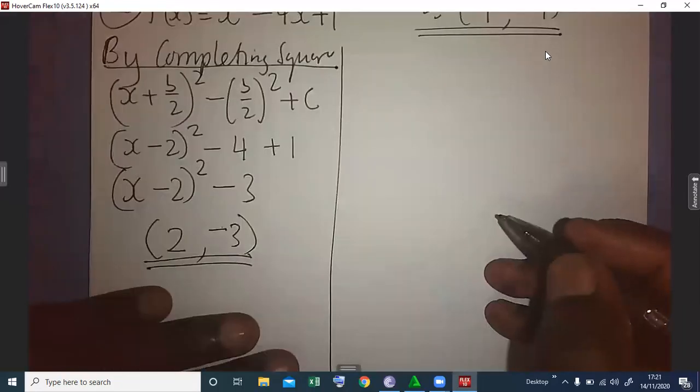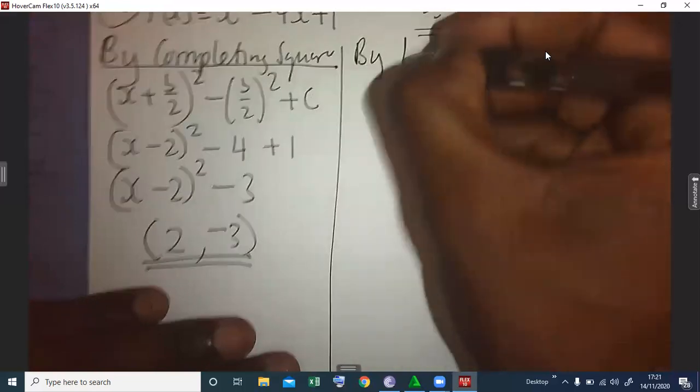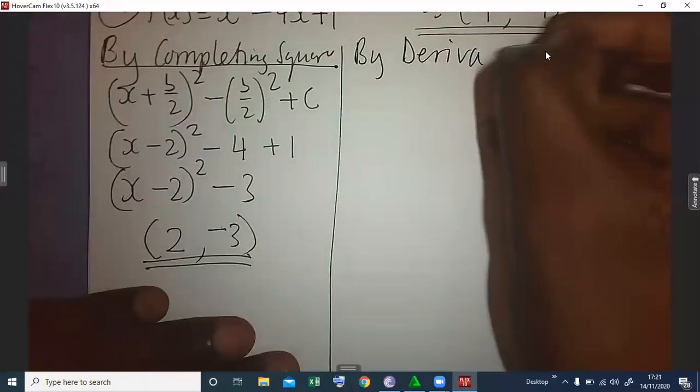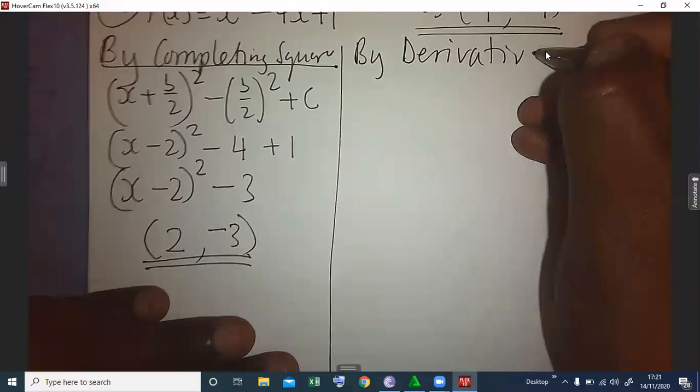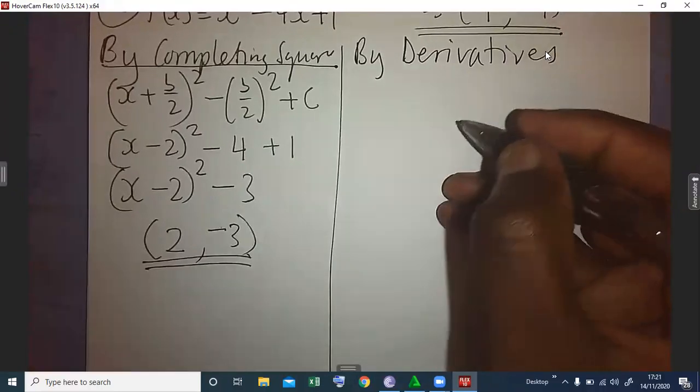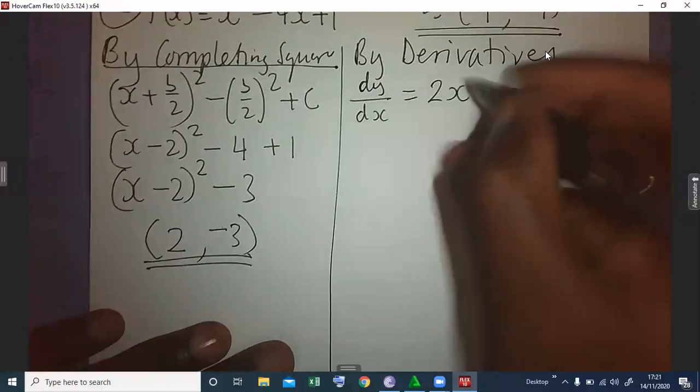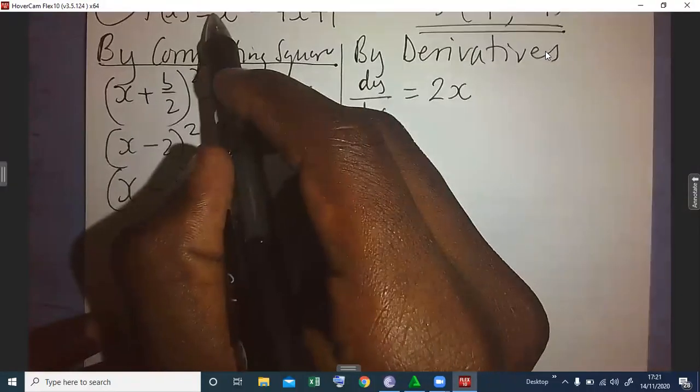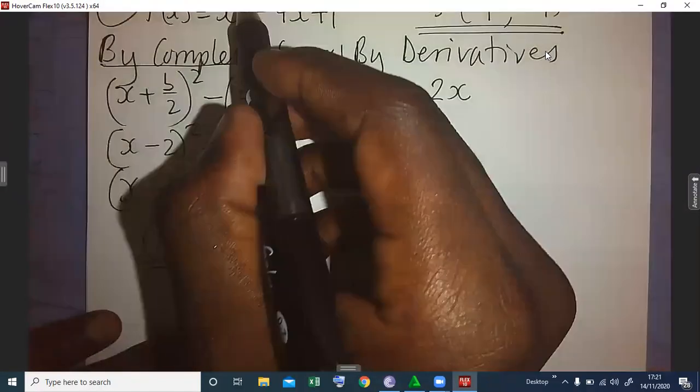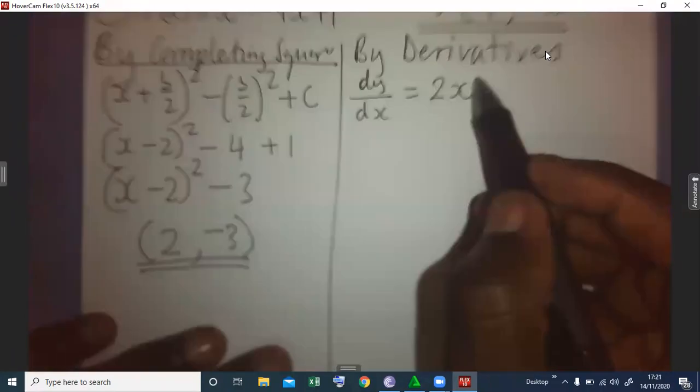But how do we get the turning point using derivatives? By derivatives. That is dy/dx. So dy/dx of our function will be 2x, because that is 2 times 1, 2x, then 2 minus 1, it remains power 1.